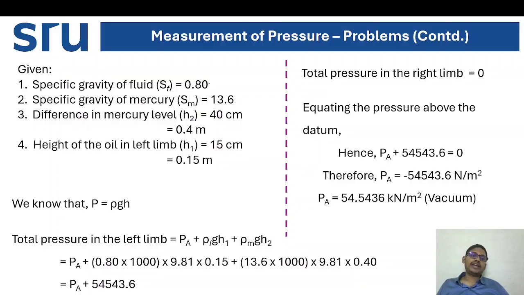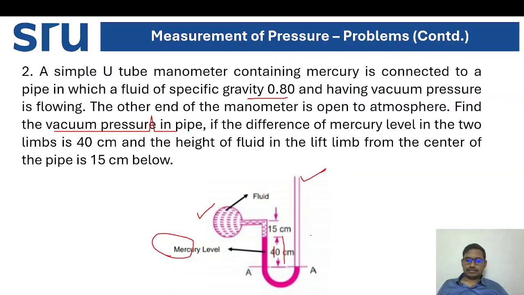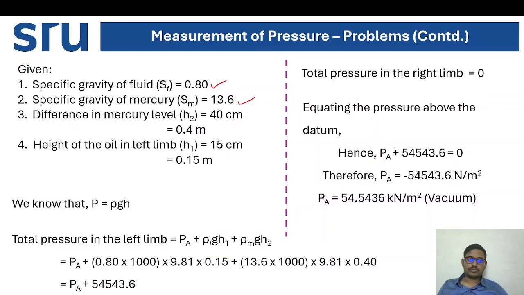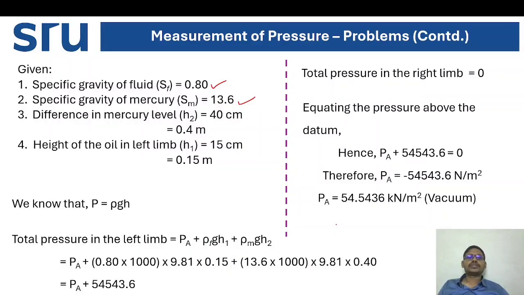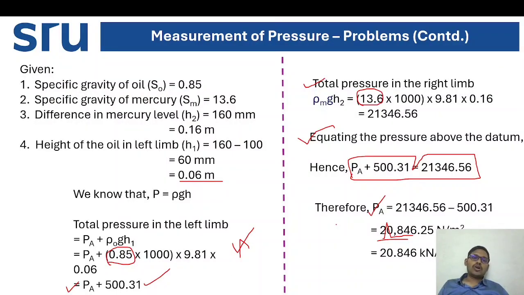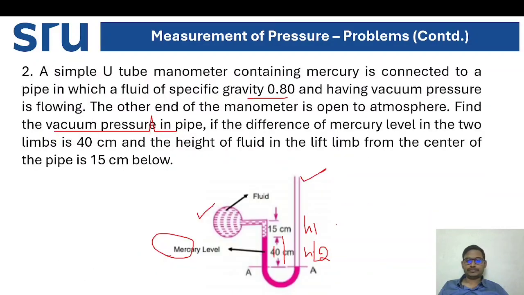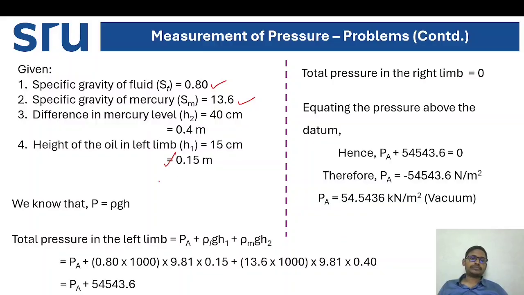The specific gravity of the fluid is 0.8, agree, and mercury is 13.6, agree. Here you consider this as H2 and this one as H1, because there is no other option. H1 is always the left limb. So left limb H1, H2 we got. And we know the standard one, P is equal to rho GH.